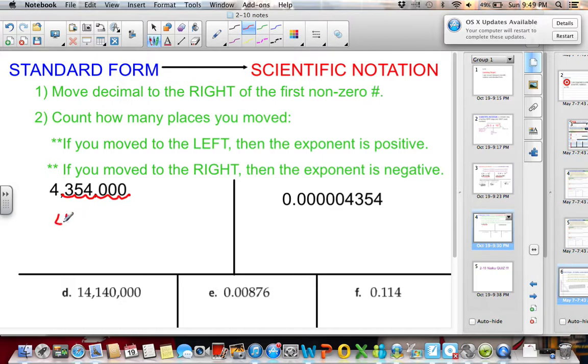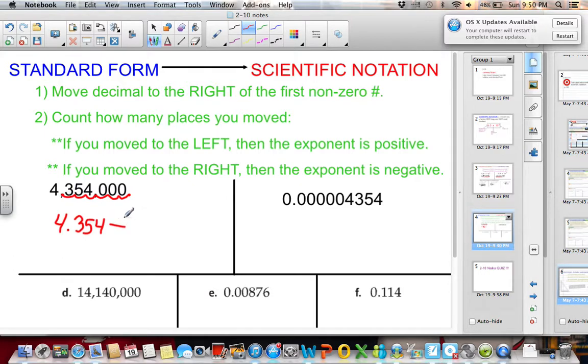And now I'm going to rewrite it: 4.354. I'm going to write it with all of my non-zero numbers, but I don't include the other zeros. Then I go back, because you probably forgot, and so did I, and I count how many places I moved my decimal. So 1, 2, 3, 4, 5, 6.